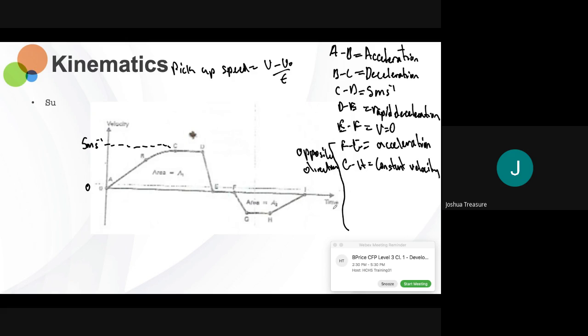All right. And what is that from H to I? Acceleration. Speed has gone up, accelerating. Are you sure about that? Think about it again. Say this is negative 5 meters per second now.